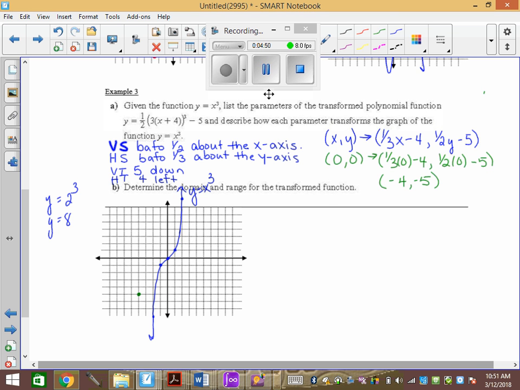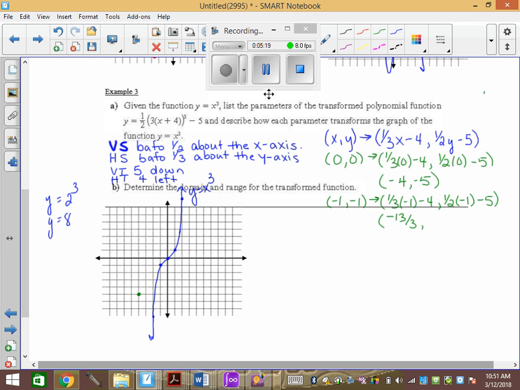Then what about negative 1, negative 1? 1/3 times negative 1 minus 4, and 1/2 times negative 1 minus 5. Negative 1/3 minus 4 is negative 13/3, which is, well, this would be negative 12/3. So it'll be negative 13/3.